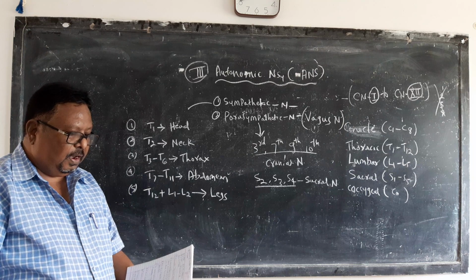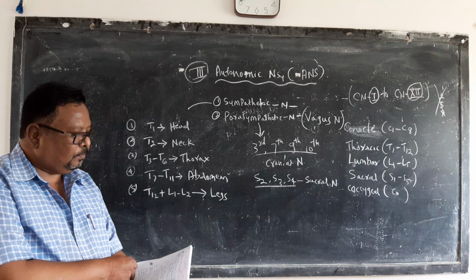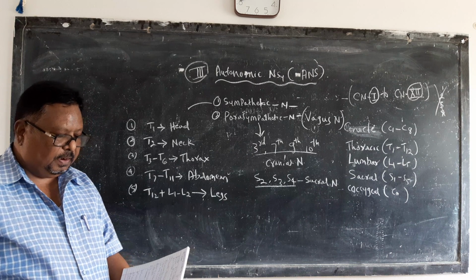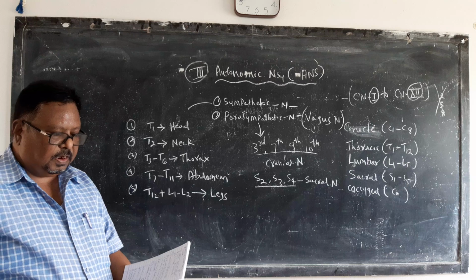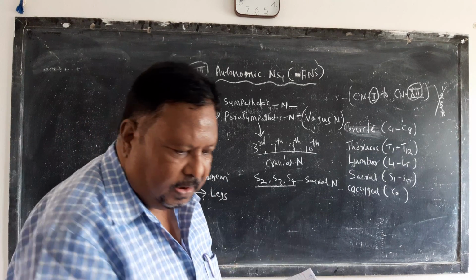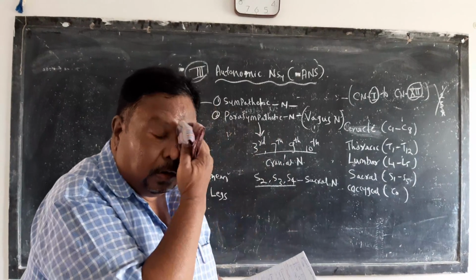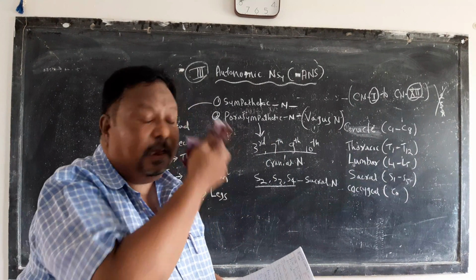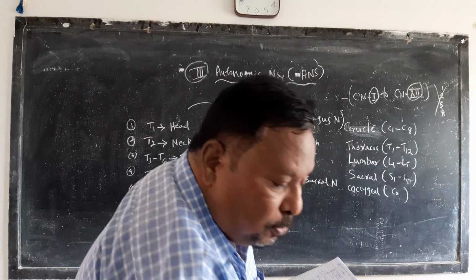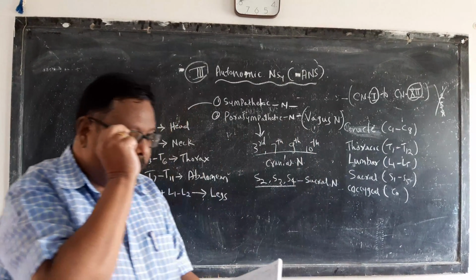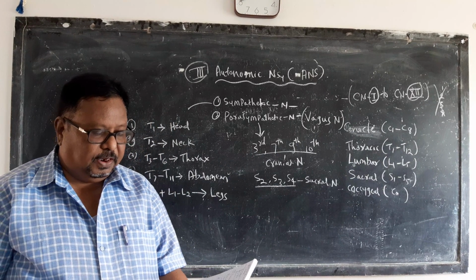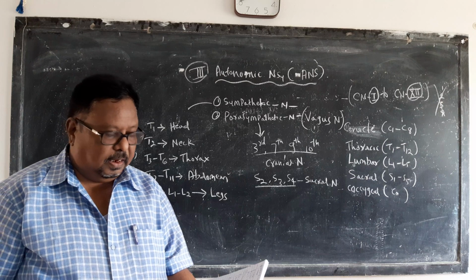Coming to the functions of the autonomic nervous system, the two sets of nerves, sympathetic and parasympathetic, oppose each other in action. They have functions which are opposite to each other. The sympathetic nerves are stimulated by emotions like fear, excitement and anger.